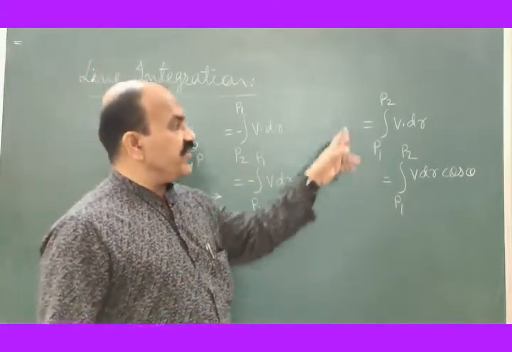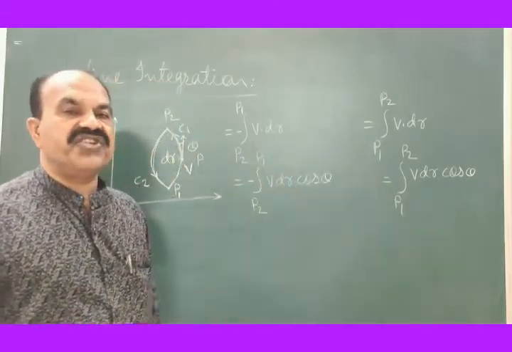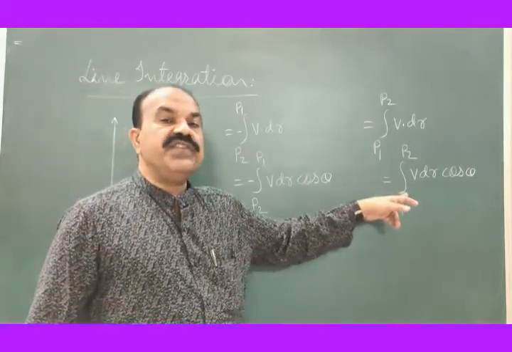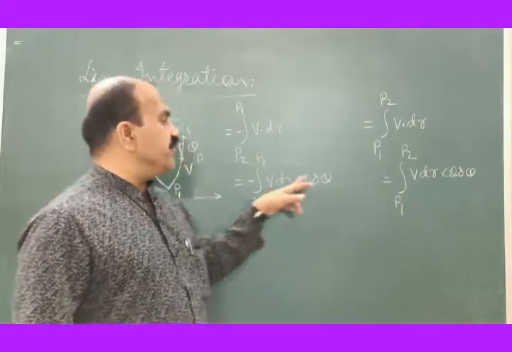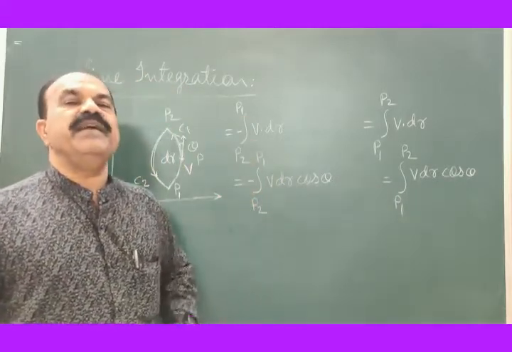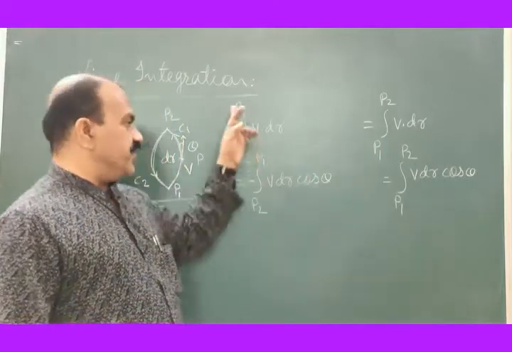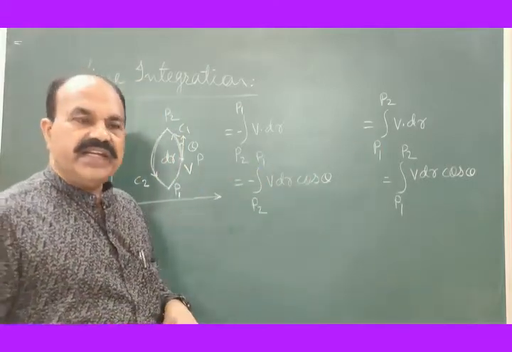As the endpoints for this line integration and this line integration are the same, it means that if this quantity is positive, this quantity will be negative.